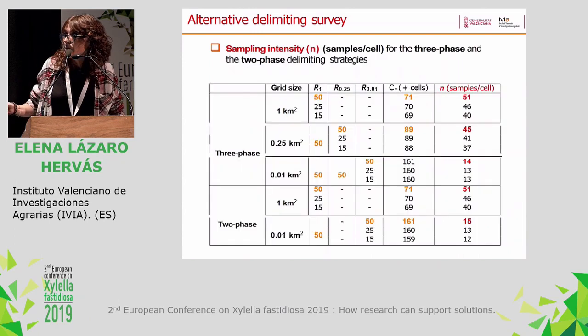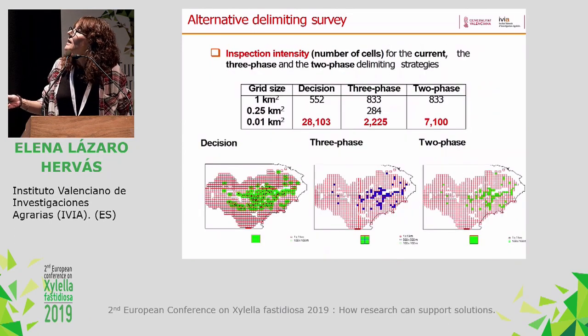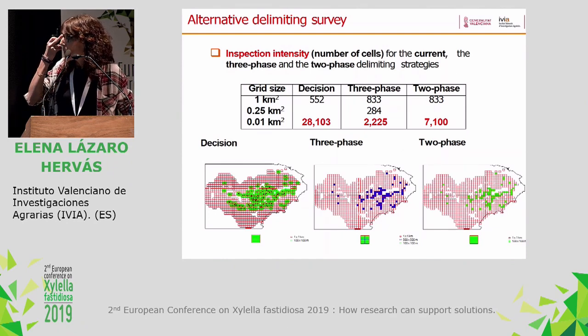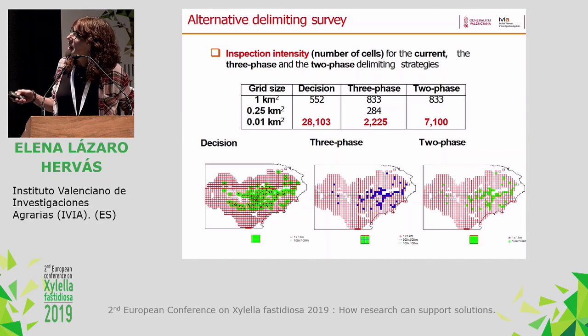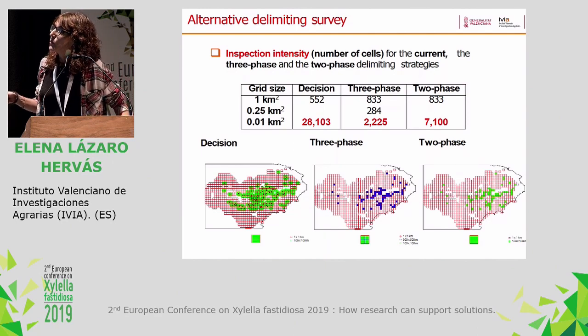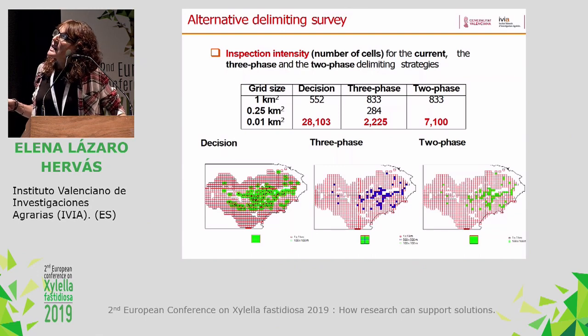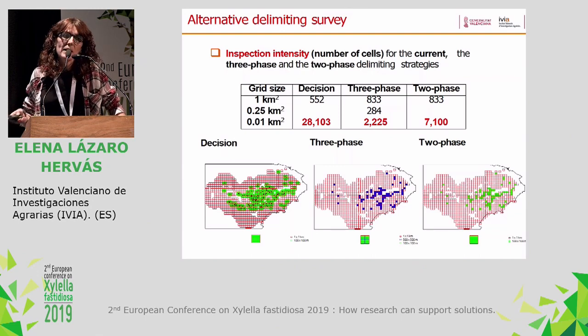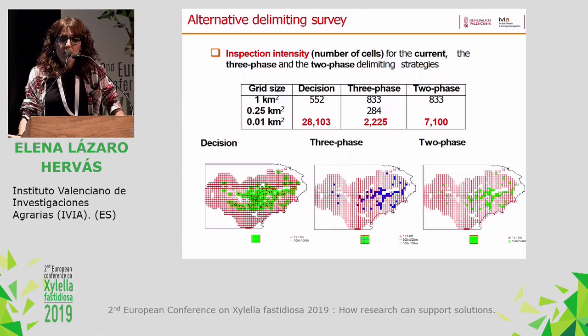As you can observe, in that table and in this graphical description of the three scenarios, our proposals improve the efficiency of the current strategy in relation to the inspection intensity for the 0.01 square kilometers grid size.